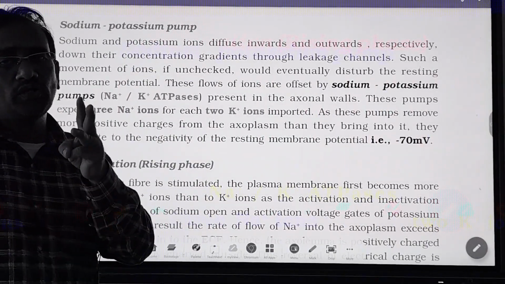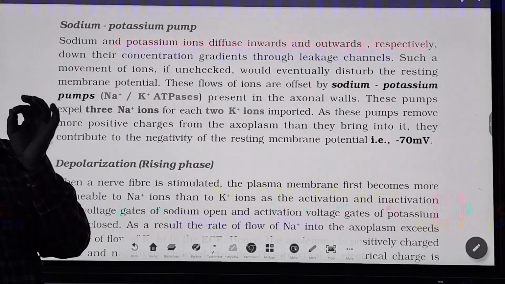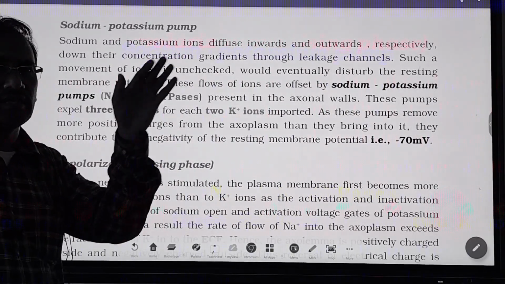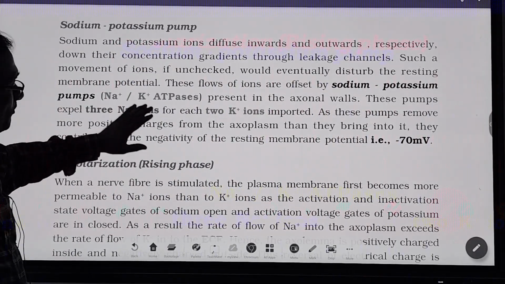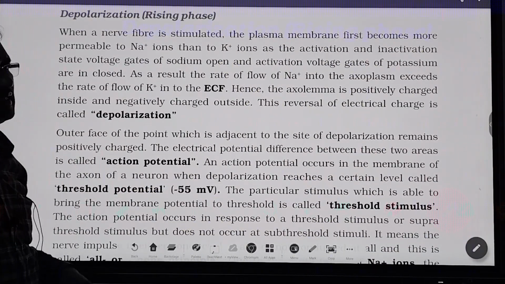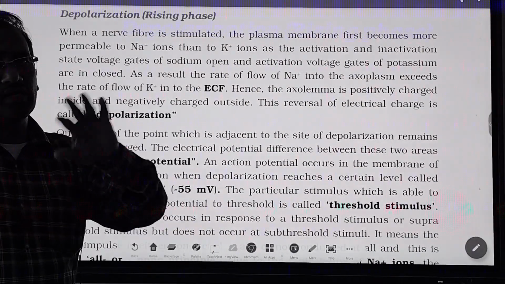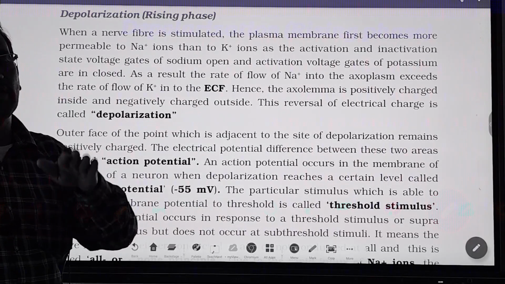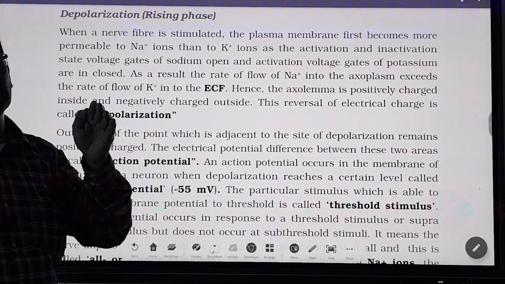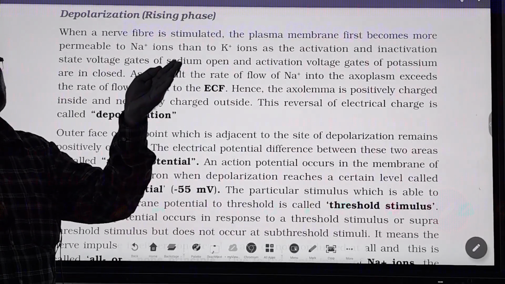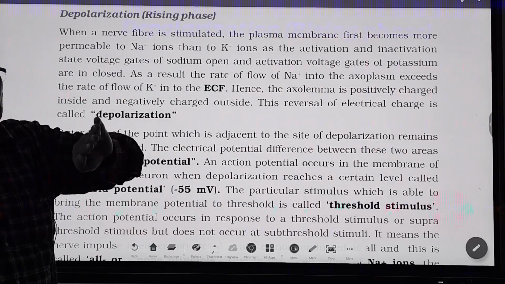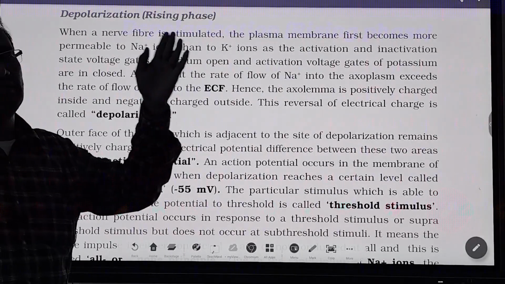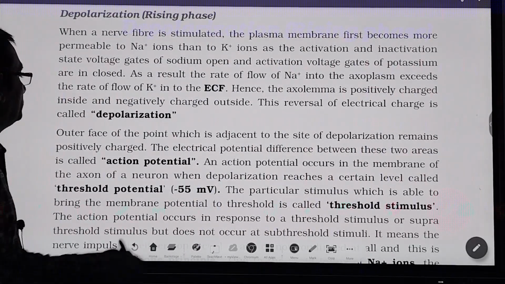For every 3 sodium ions moved, 2 potassium ions are moved because of the sodium potassium pump. So already we discussed depolarization. Poles are changed. Outside positivity is there, inside negativity is there. Whenever a signal is passing, then positive ions enter inside and negative outside. That is called depolarization.